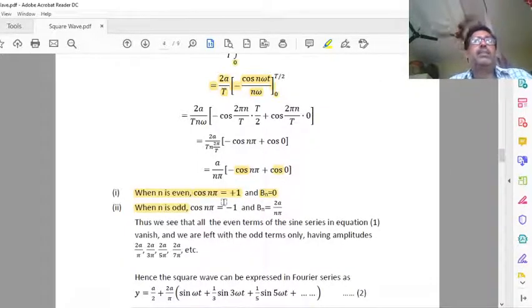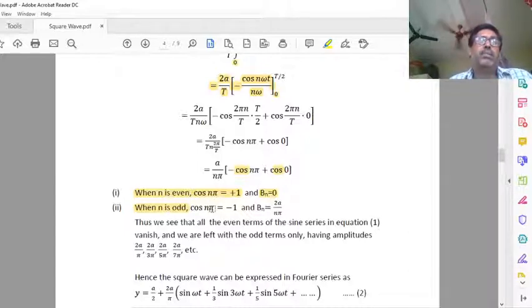It means the sine term, when we talk about sine terms, even terms will be absent. As you saw earlier, cosine terms are all absent. And when we depend upon sine terms, again you can see even sine terms are absent.